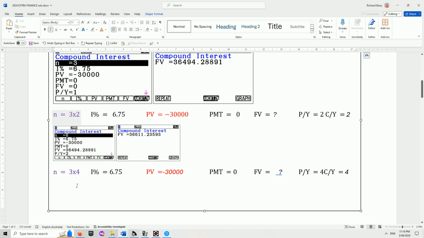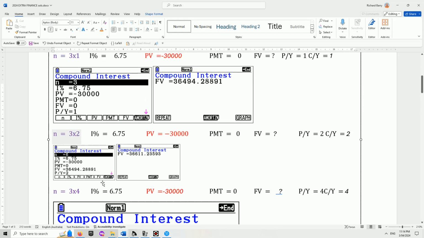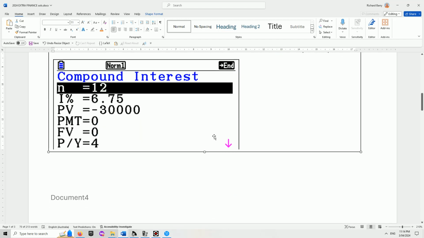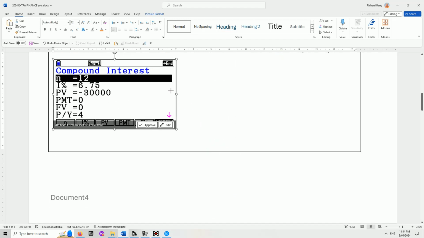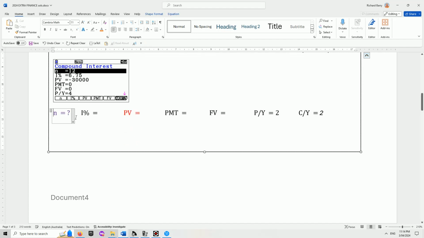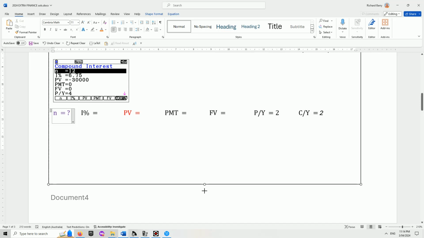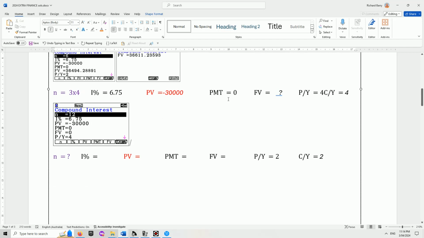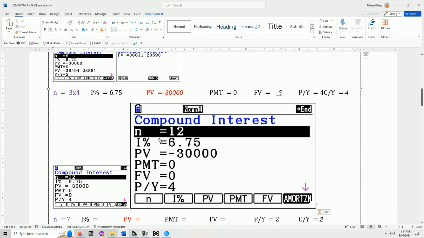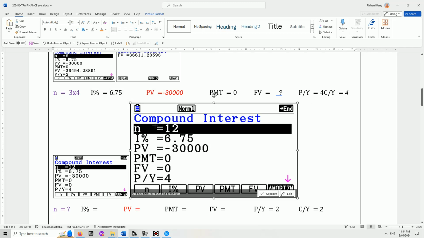Let's put it here so we can see what's going on. Copy. To make some room for the end of the page. And now that it's all set up, we press future value. 36,671. Again, slightly more.